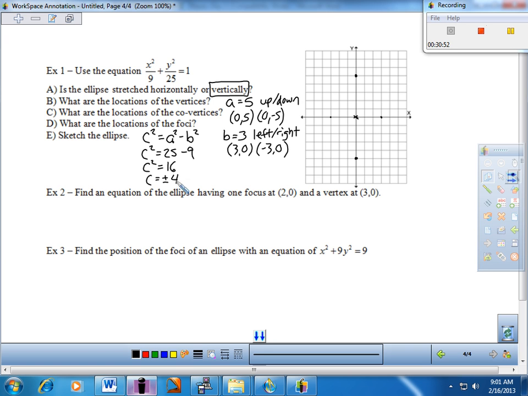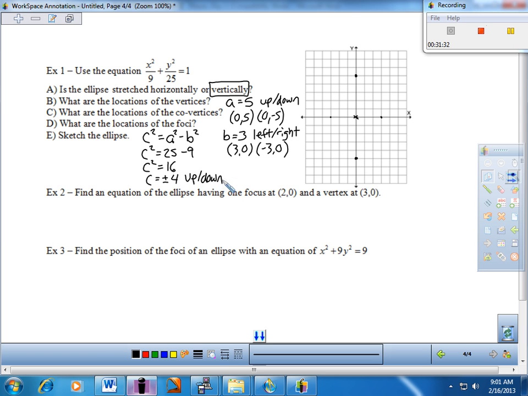That looks great. Now the question, of course, becomes, once we have c, which direction are we going to go? Actually, let me wait on the ordered pairs for just a second. So what would be your instinct here? Do we want to go up and down from the center or left and right from the center in order to place our foci? And the answer, of course, would be up and down. So put that in there for me if you would.